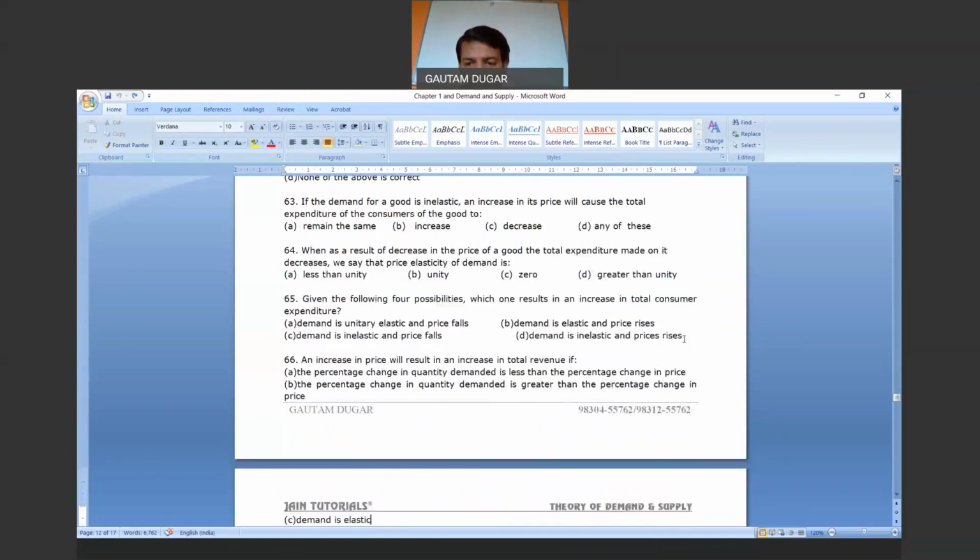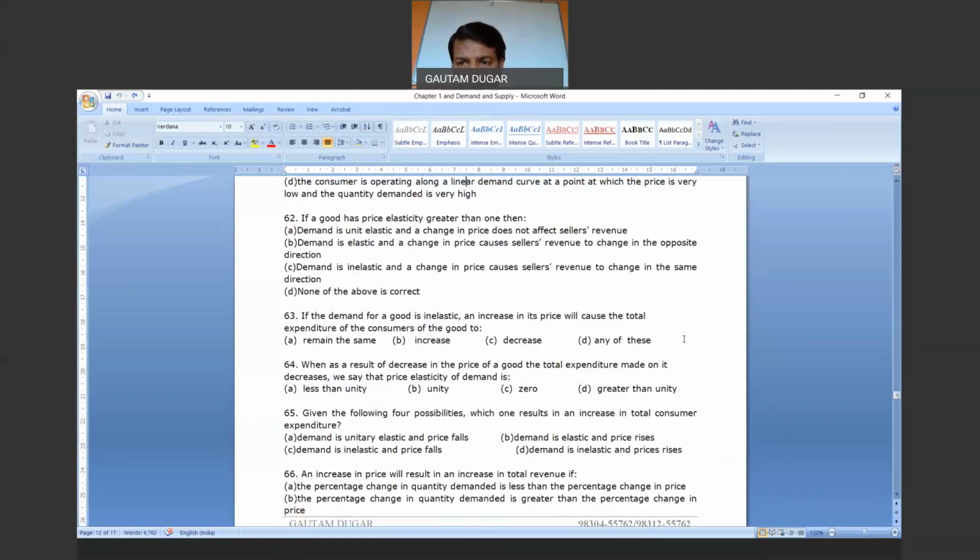Again, if the price elasticity is greater than 1, if a good has price elasticity greater than 1, that means what? The demand is elastic. Yes, Kushi, answer B is correct. Demand is elastic and the change in price causes sellers' revenue to change in the opposite direction. 62 is B. Yes, Vidushi, that's right.